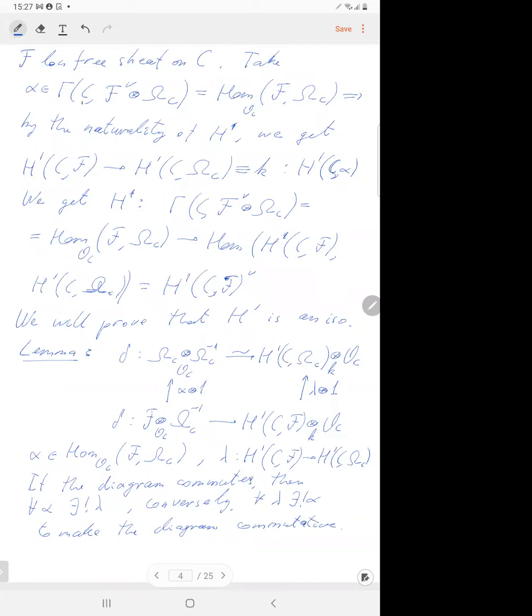Okay, so now let's prove this fancy reformulation.